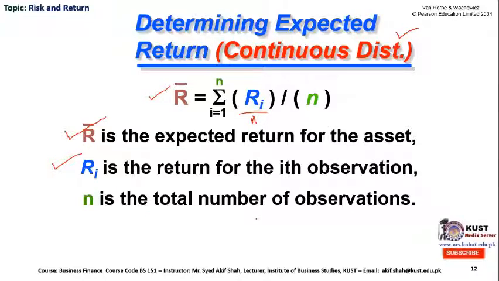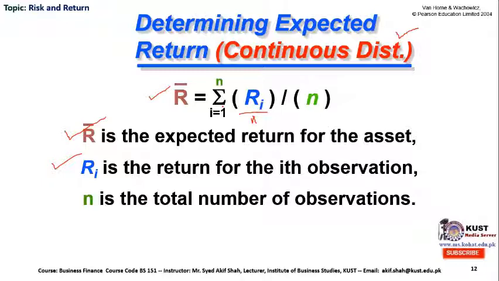N is the total number of observations. For example, if you would like to calculate the average marks obtained in a particular class, and the total number of students in the class is 10, you can accumulate all the marks of the 10 students, like R will be 1, 2, 3, 4 up to 10, and then divide by the number of students, which is once again 10, and you will get the resultant average value or expected marks of that class.